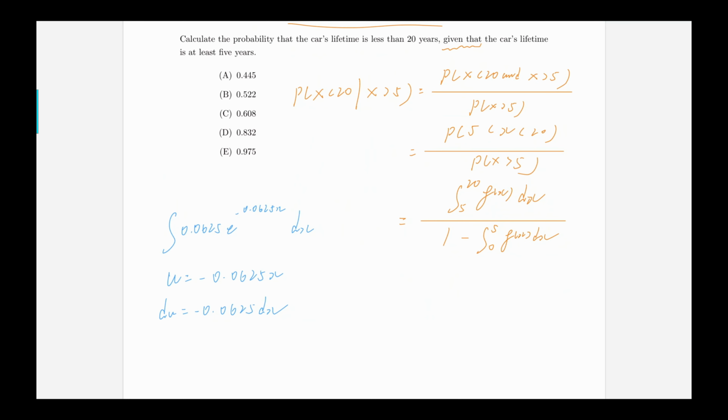And now we can replace x by u, and I can divide out the same thing here, and this will be e to the power of u du.